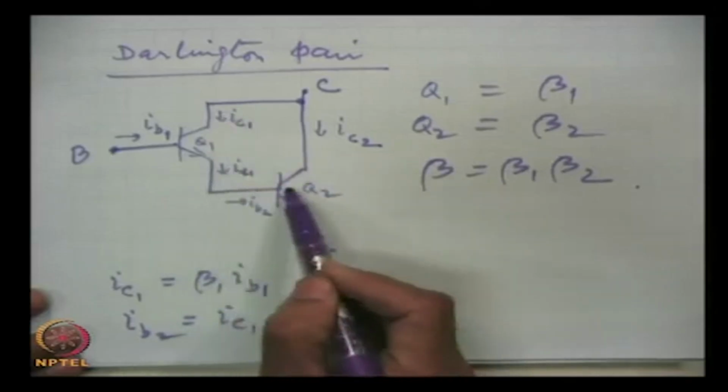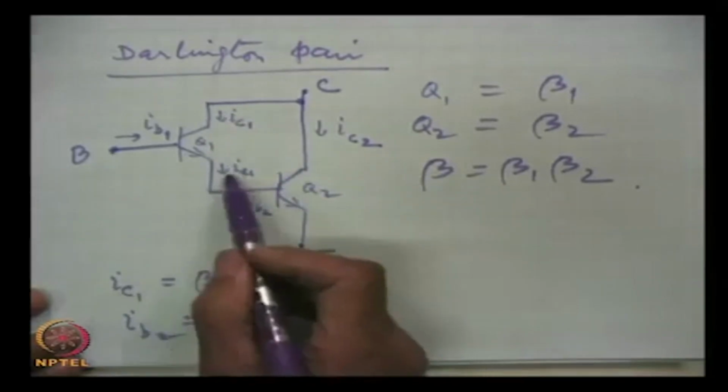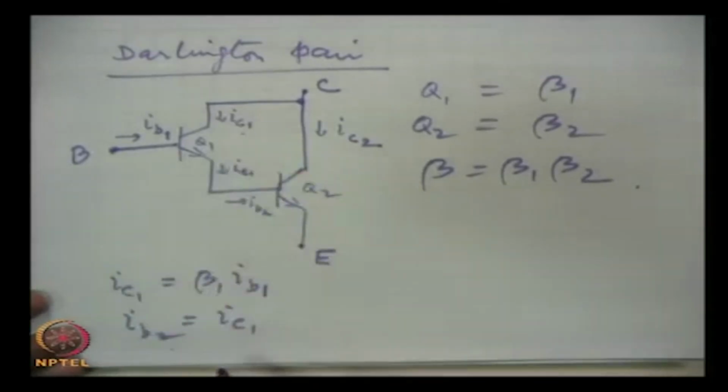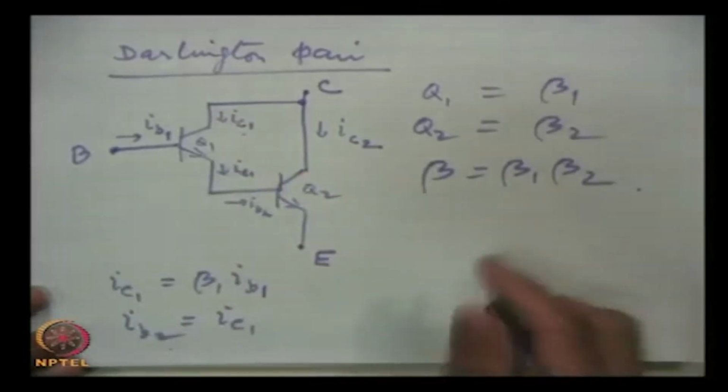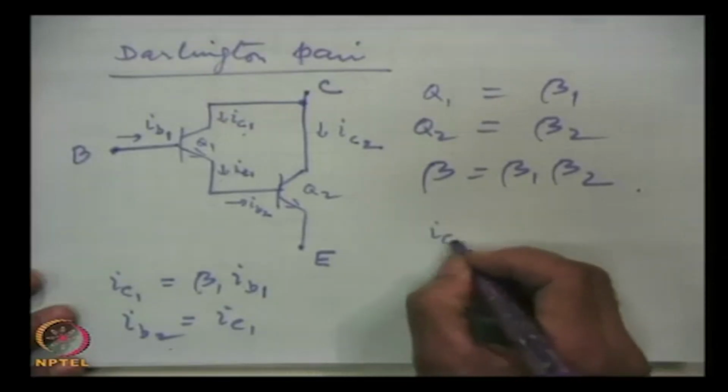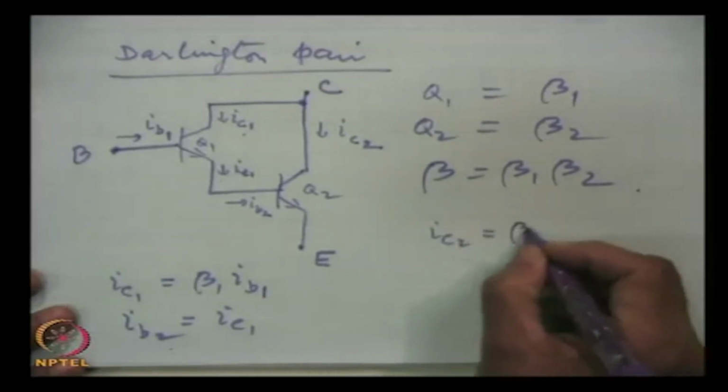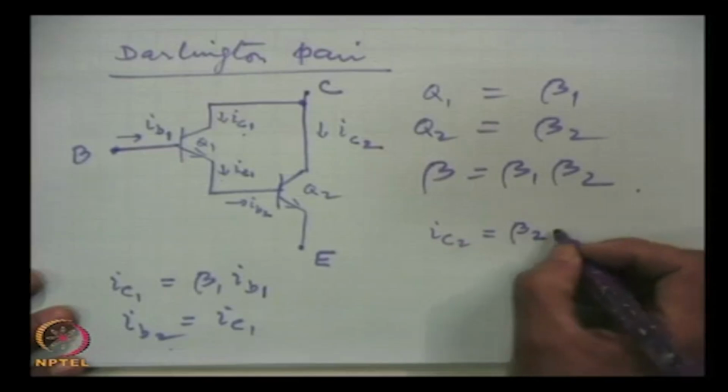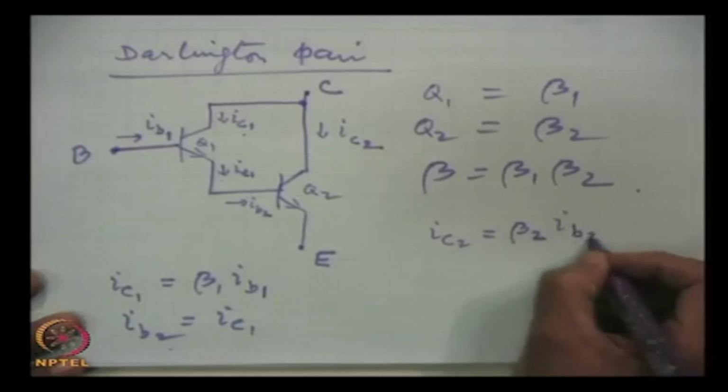So IB2 is equal to IC1, and then IC2 is beta 2 times IB2.